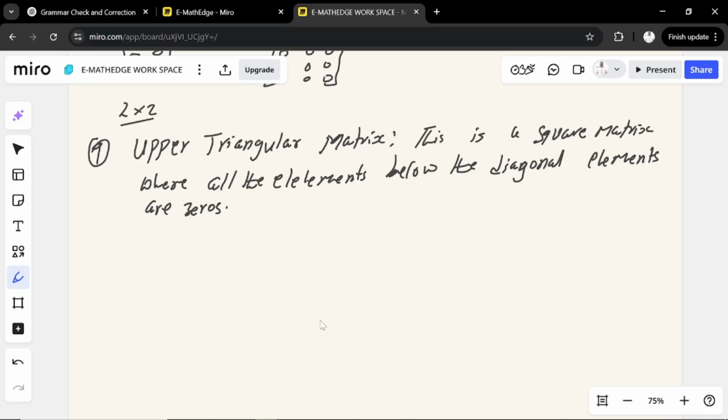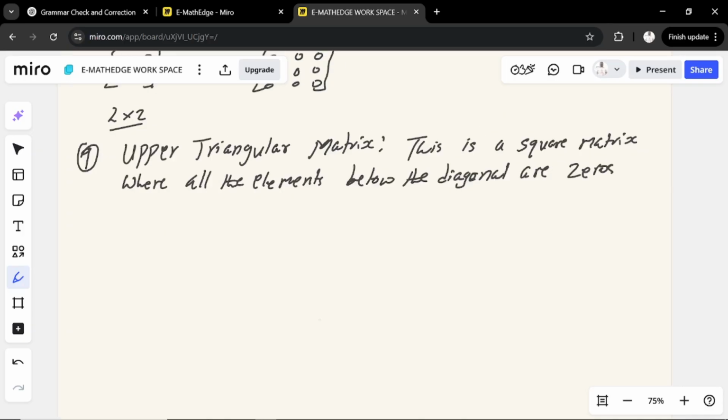Upper triangular matrix: this is a square matrix where all the elements below the diagonal elements are zeros. Now let's look at an example.